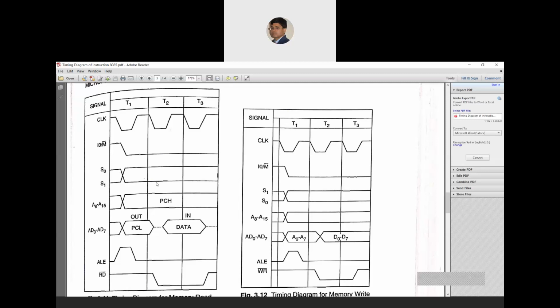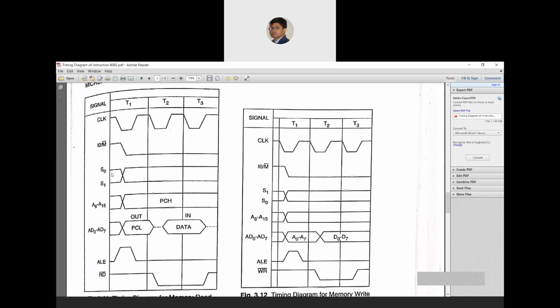You can see that the state of S1 S0 is changing from 0 to 1 and 1 to 0. Previously, S0 was 1 and S1 was 0. Why is this kind of combination taken here?